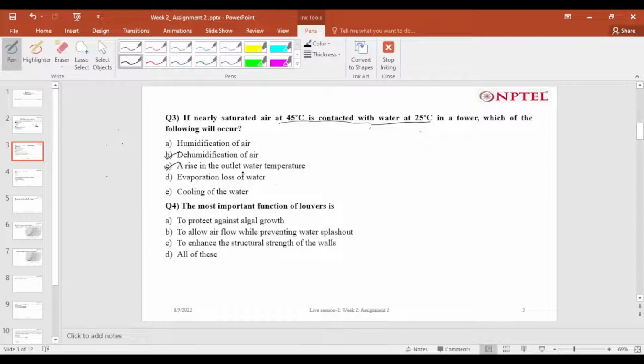Now question 4: the most important function of the louvers. Louvers are generally these shapes in cooling towers. Does anybody know the function of the louvers in the cooling tower? Here are the options: A, to protect against algal growth; B, to allow the airflow while preventing the water from splashing out; C, to enhance the structural strength of the walls; and D, all of these.